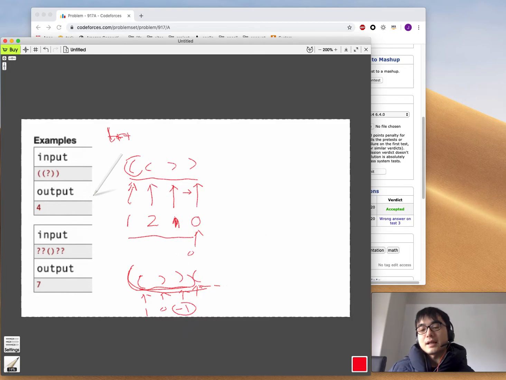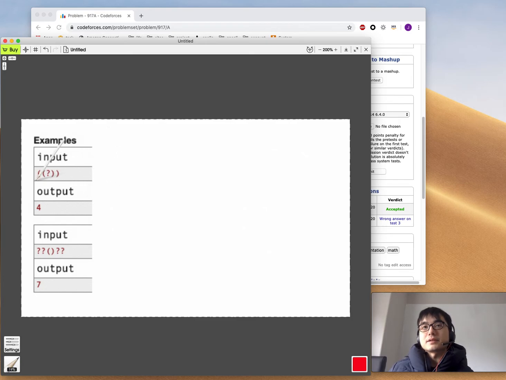So let's come back to the current problem. So when we got a substream like this, the counter for the left parenthesis is 1, right? 2.